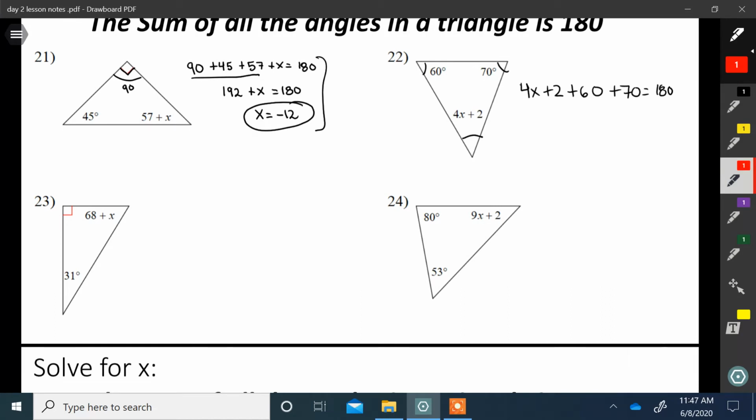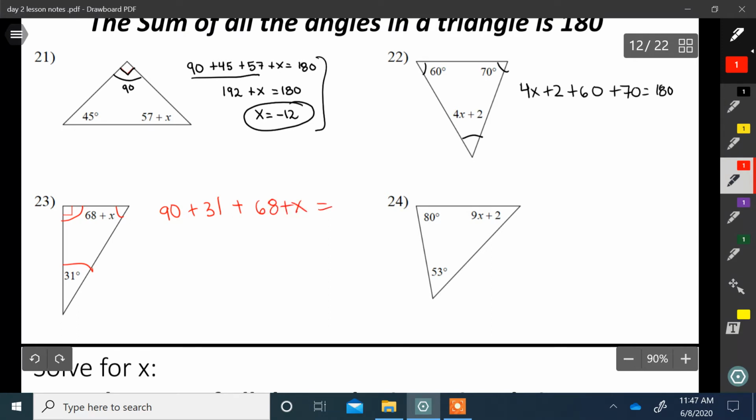I'm just going to set them up, and then you can do them on your own. This one, same idea. We have a 90-degree angle here, plus 31, which is this one here, plus this right here, 68, plus x is going to equal 180 degrees. And then you solve those individually.